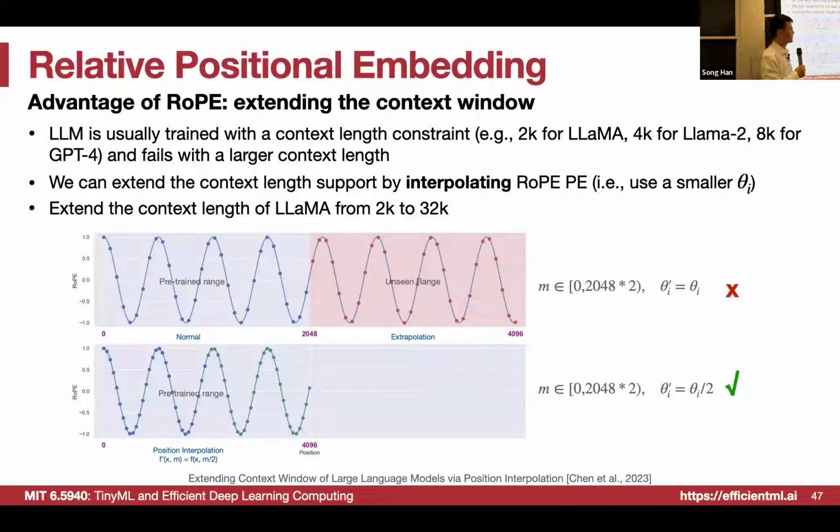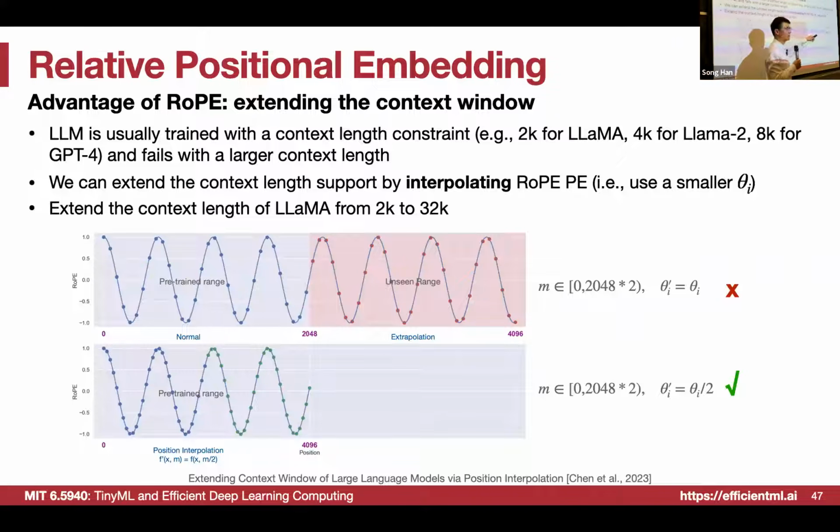What is the naive approach? You just extend it from 2K to 4K and use the same data, but M goes from 0 to 4K. Actually, that doesn't work.